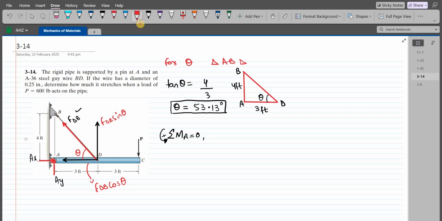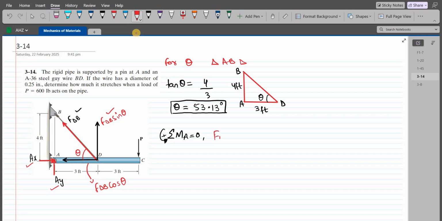I am considering counterclockwise direction as positive. Since the line of action of AX and AY is passing through the point A, these two forces do not have any moment with respect to the point A. The vertical component of FDB force is trying to rotate the pipe in counterclockwise direction about point A, so the moment produced by FDB sin theta will be taken as positive.